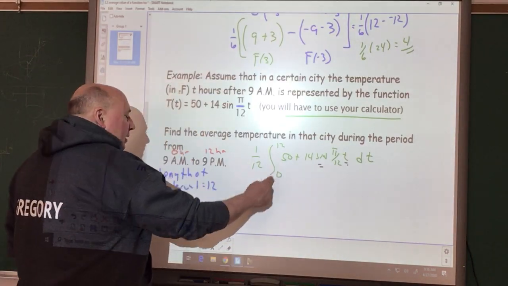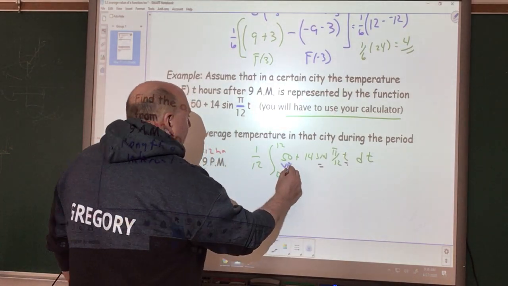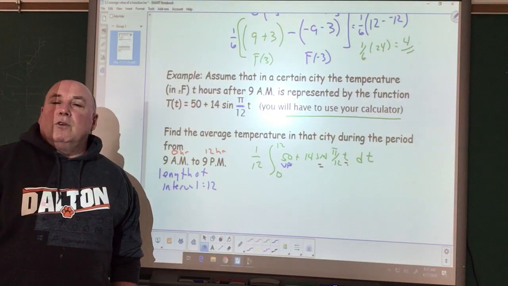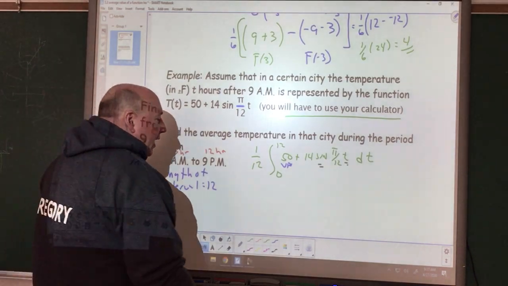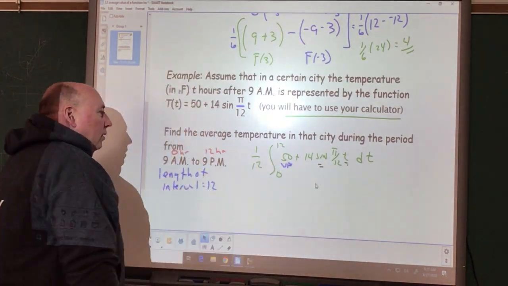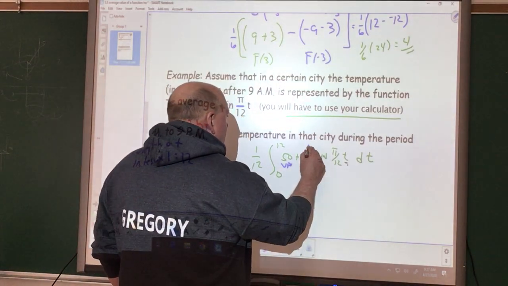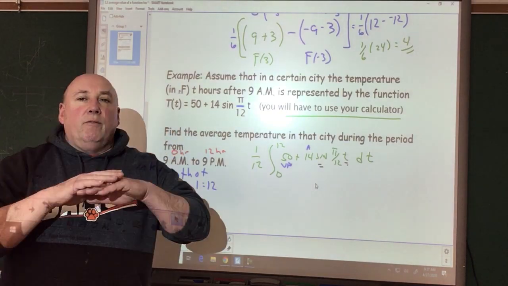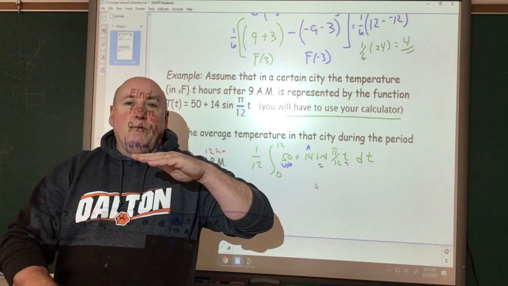Because if you think back to my world of graphing trig functions, this is your vertical phase shift. So I need to take my y value up to a value that I can deal with. My amplitude is a value of 14. So if you remember back, our prime axis would be at 50, and I would go 14 up and 14 down.